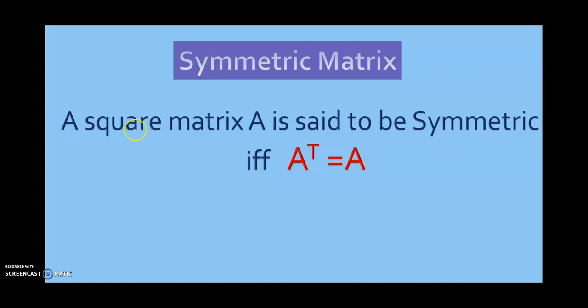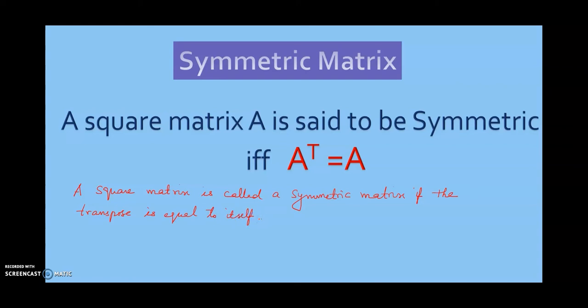We can also say a square matrix is called a symmetric matrix if the transpose is equal to itself.